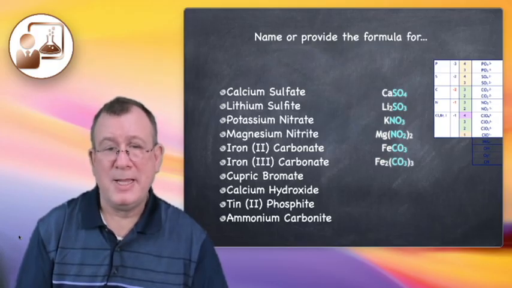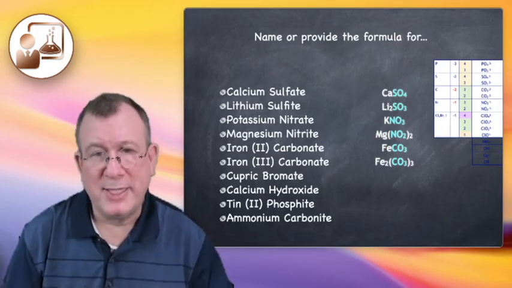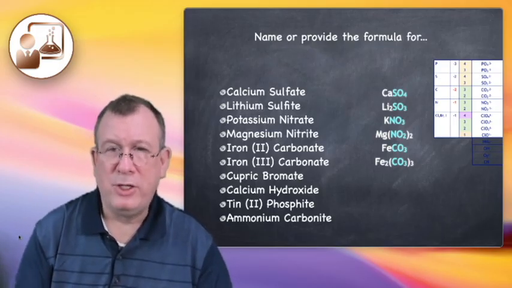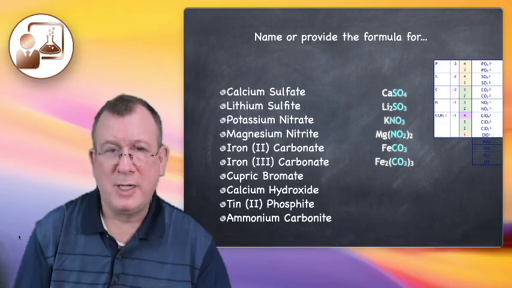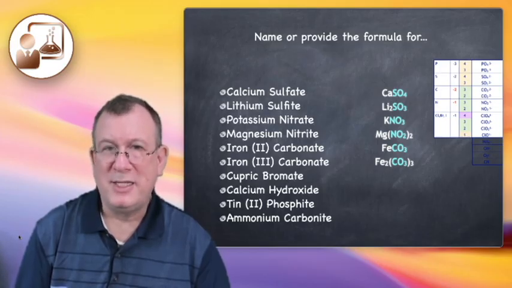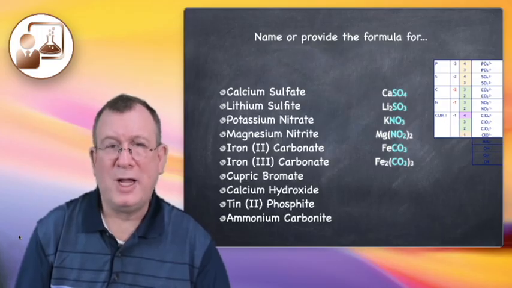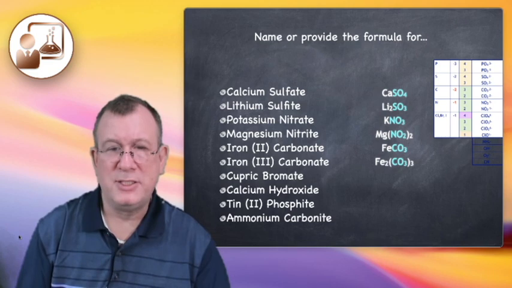How about cupric bromate? How is that one going to work? Okay, cupric. Remember, copper and mercury are the one-off elements. They can have a +1 or a +2 charge. The -ic is the bigger one. 2 is company, 3 is a crowd. So if copper has a 1 or a 2 charge, and this is the cupric, it's the 2+ charge.